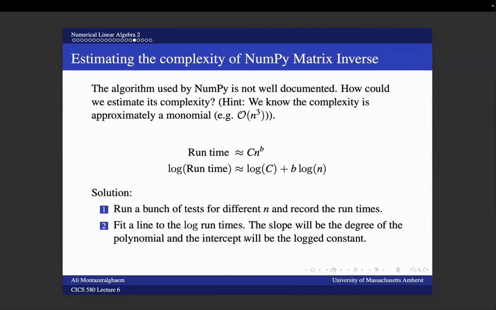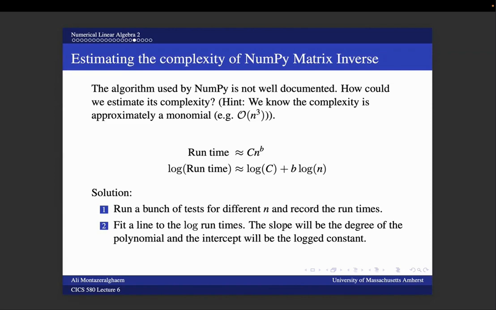For example, we run some testing, get the runtimes, take the logarithm of these runtimes, and then fit a line on these logarithms.